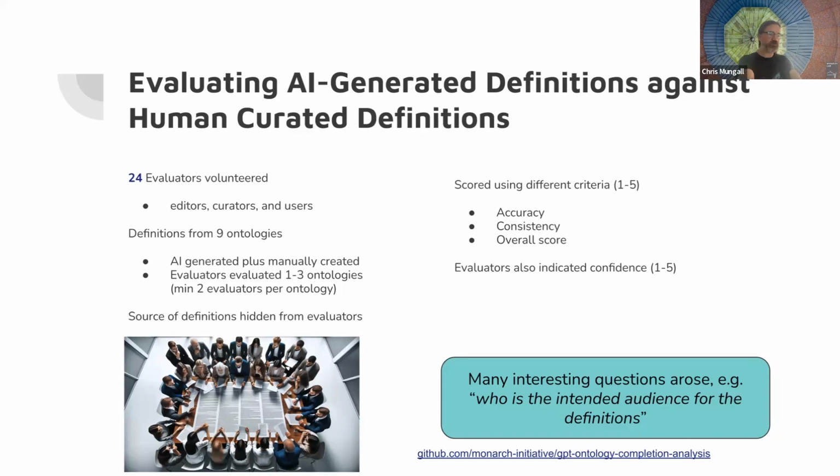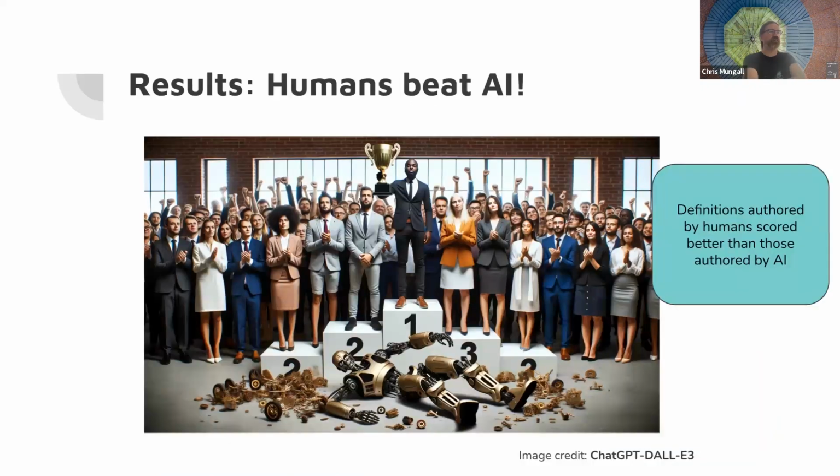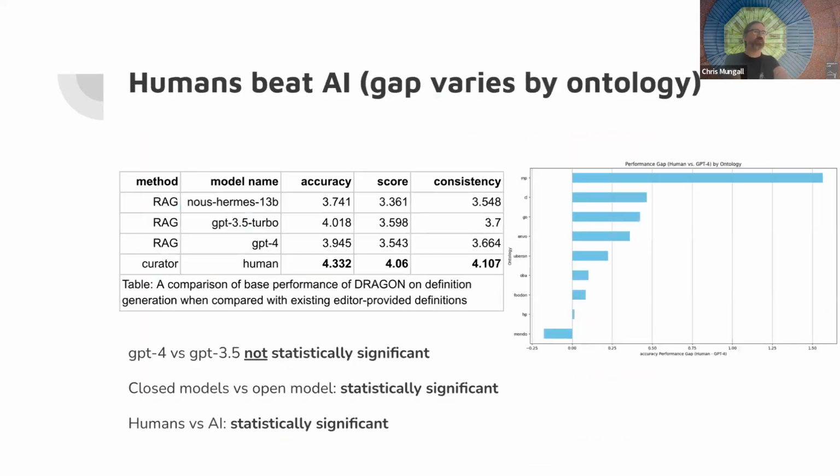Anyway, this particular evaluation focused on comparing the AI-generated definitions with the human ones. And thankfully, humans beat the AI. Evaluators definitely preferred definitions written by the ontology editors when compared to definitions generated by AI. So yay, humans. But the gap is maybe not as huge as we might think.